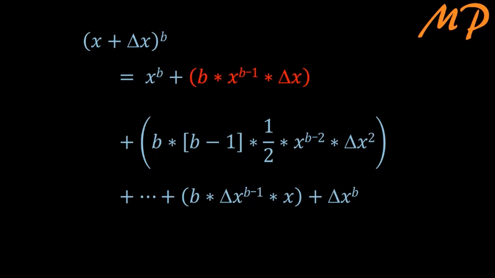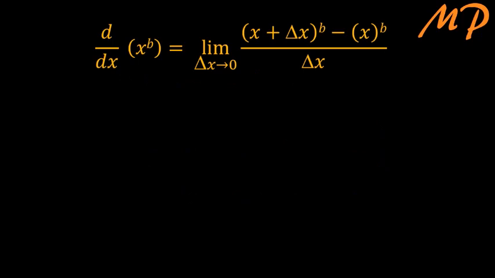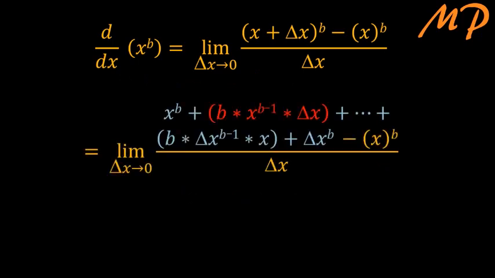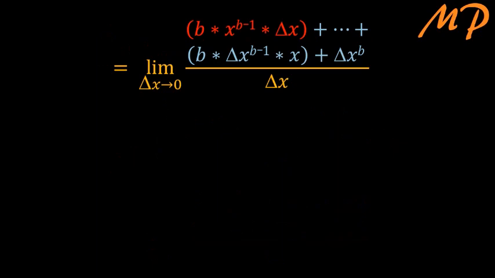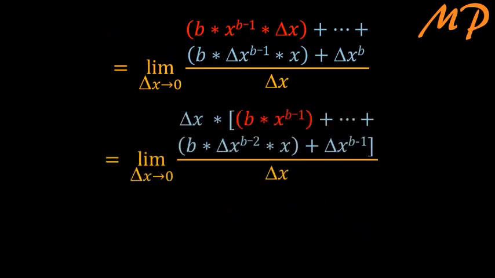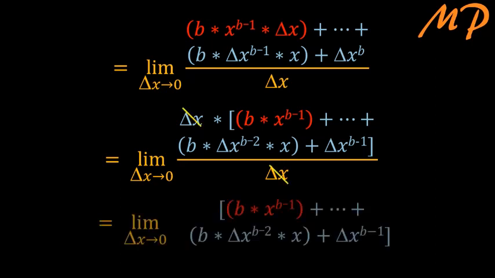Now let's put the expansion into our equation. This may look a little complicated, but it's not that difficult to simplify. First we remove the x to the power of b, then we get this. We know that all the terms have delta x in them, so we can factor out delta x from the numerator, and then cancel it out from the denominator. As you can see, this is what we end up with.